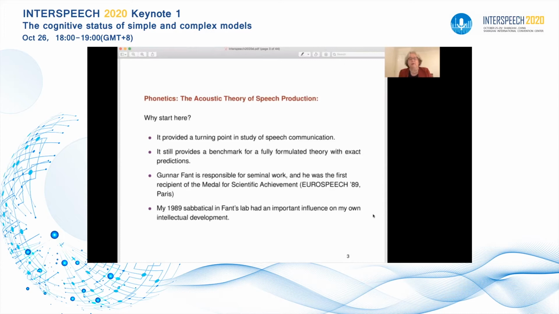And Gunnar Fant is responsible for seminal work in this area. And he was, in fact, the first recipient of the Medal for Scientific Achievement, which he was awarded at Interspeech in Paris. And my own sabbatical in Fant's lab that year had a really important influence on my own intellectual development.